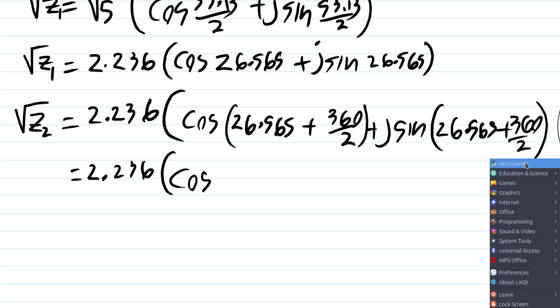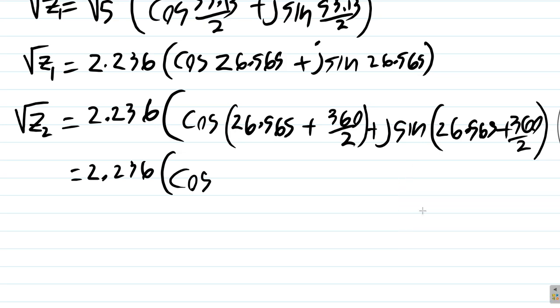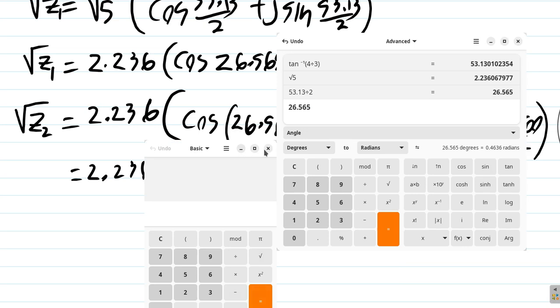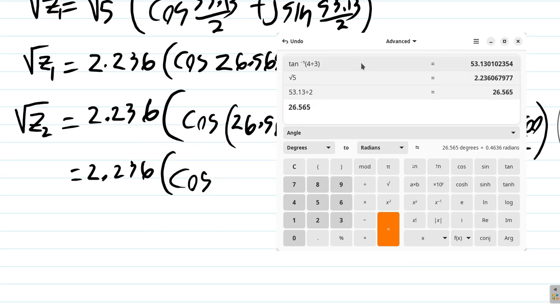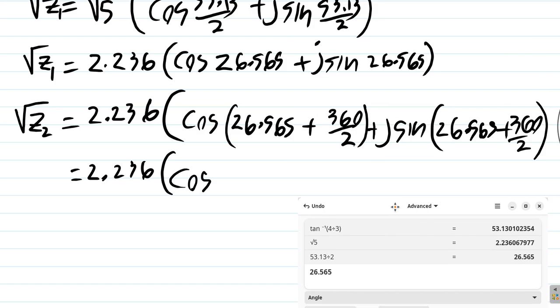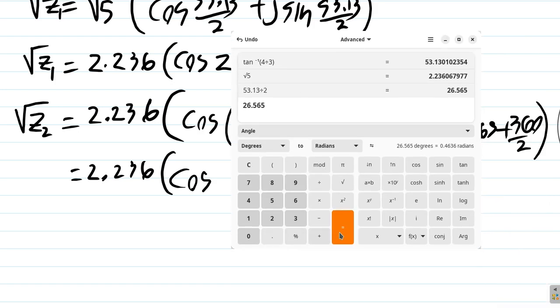Let's reach for our calculator again. 26.565 plus 360 over 2, which is plus 180, gives us 206.565.